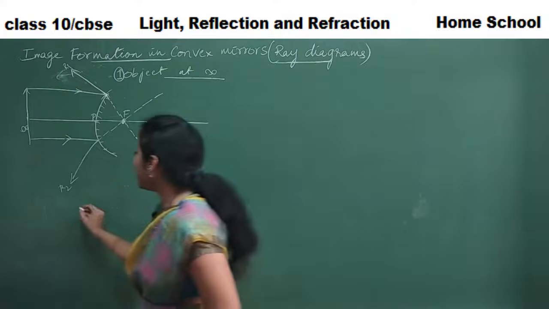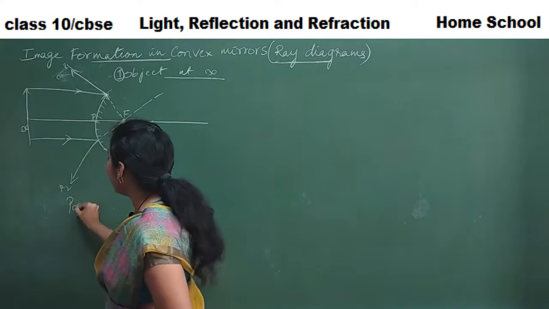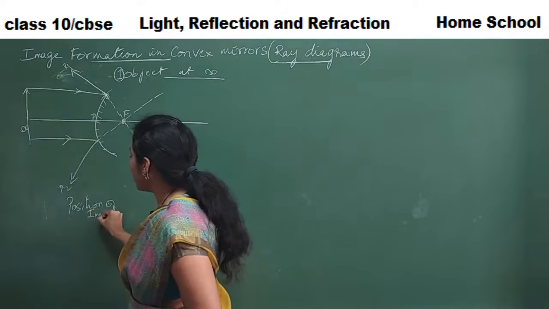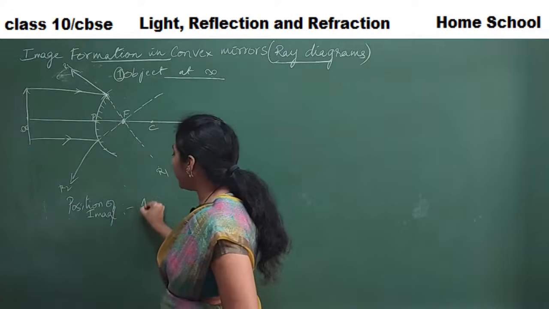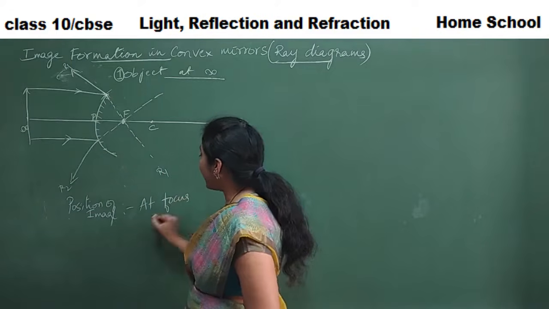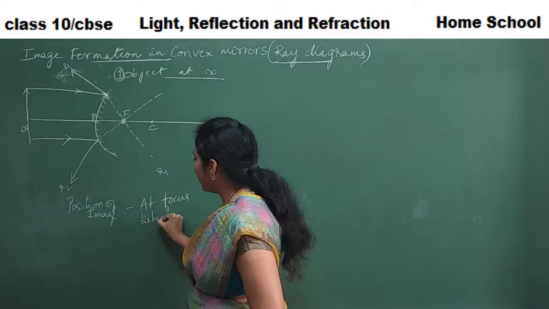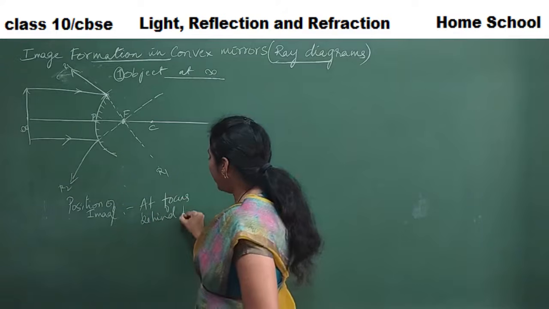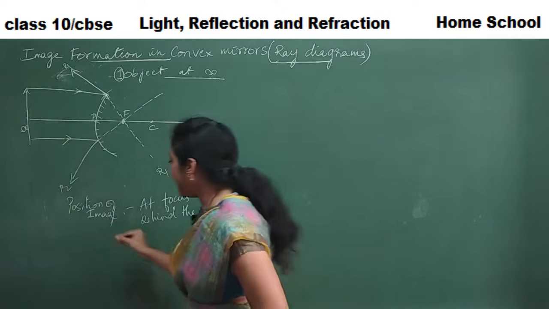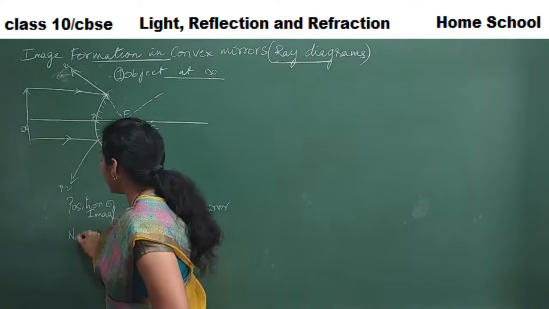Clear? Let us write the points. First, let me write the position of the image here. Where is the image getting formed? At focus, at focus behind the mirror. Yes or no? Definitely it is appearing behind the mirror, not in front of the mirror. And the next point is the nature of the image.